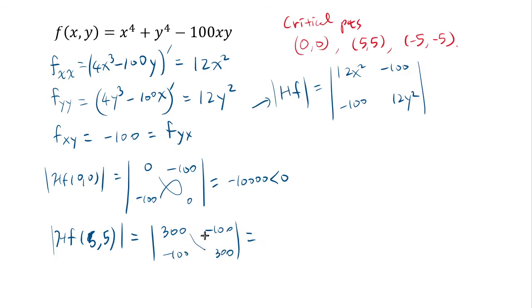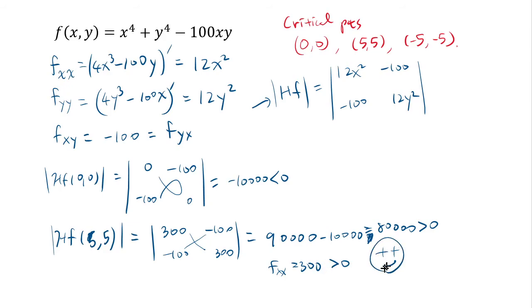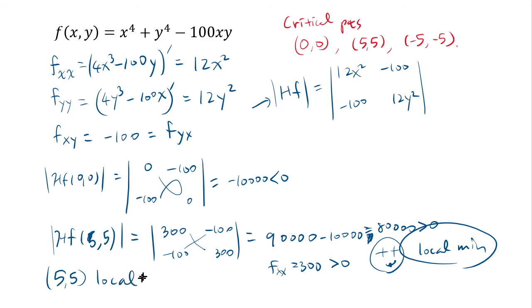So when you do this minus this, it will be 90,000 minus 10,000. Oh, one more zero. So it'll be 80,000, which is positive. Okay, and because fxx is 300, which is positive, we have a smiley face, and at the middle of the smiley face is the local minimum, right? So we see that 5, 5 is a local minimum.